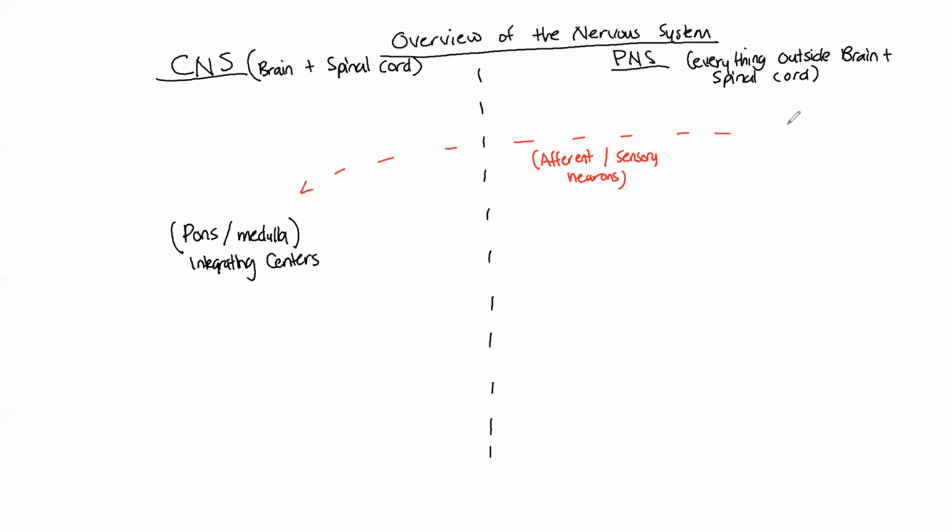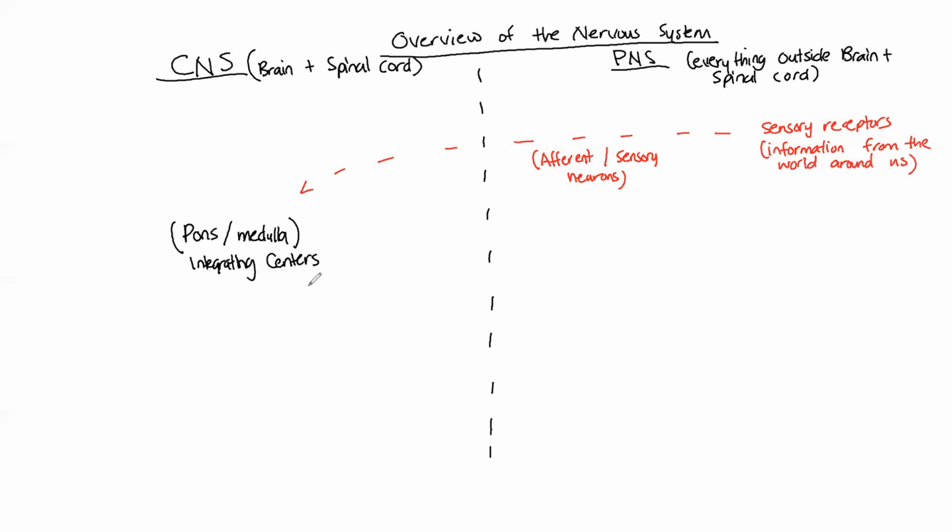These are usually going from sensory receptors and picking up information from the world around us: sight, smell, auditory information, olfaction, all that information from the world around us, and sending that to these integrating centers.